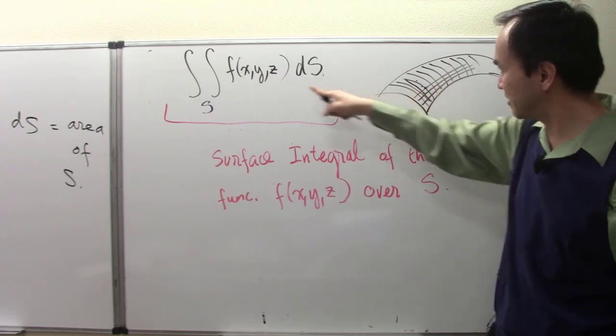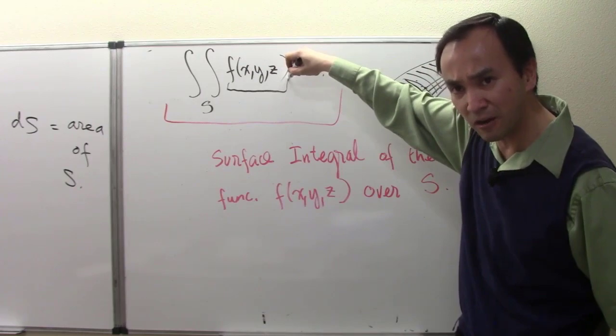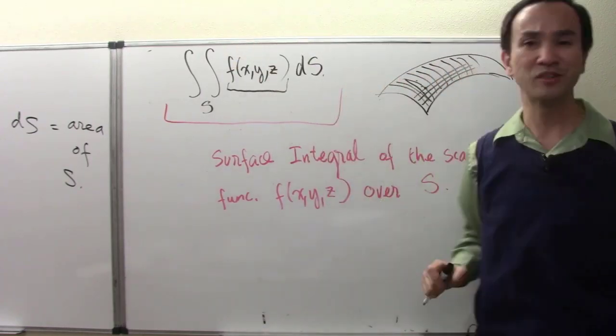The idea is that the scalar function value changes depending on whichever point we're at, depending on each sub area unit right there.